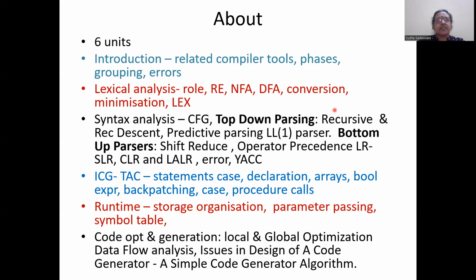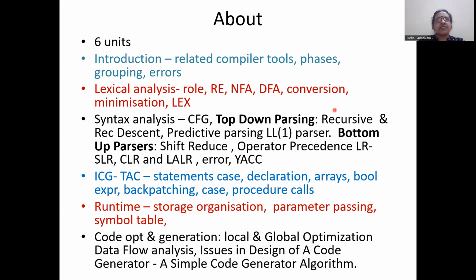The fourth unit deals with the next phase of compilation, namely intermediate code generation. This process mainly identifies the basic intermediate type of code that can be used for optimization purpose, namely three address code, and how the three address code can be generated for different types of statements that can be used in the process of compilation.